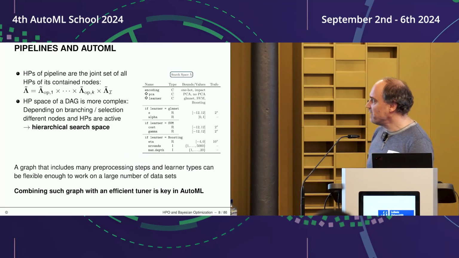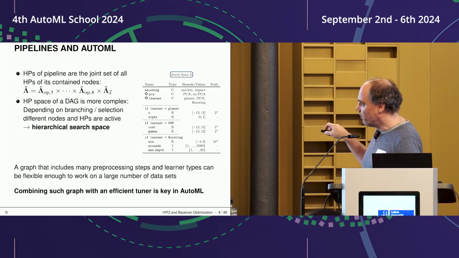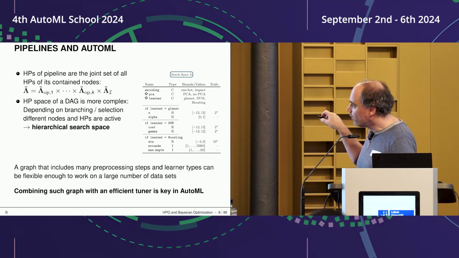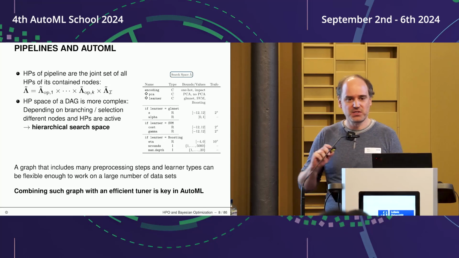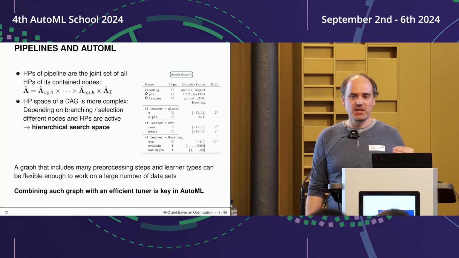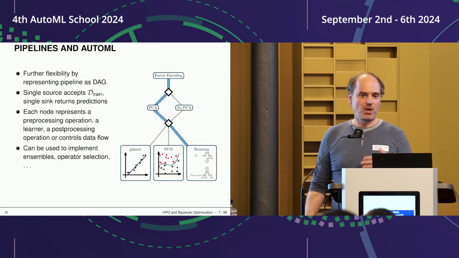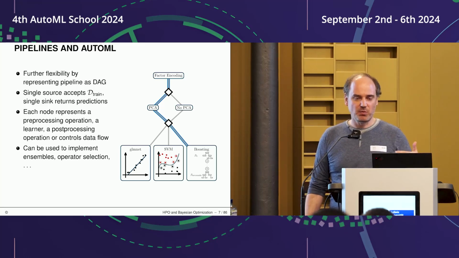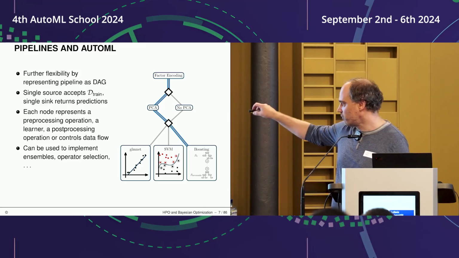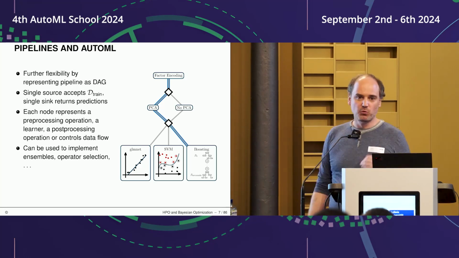And what usually happens if you write this down as a search space is that you get more of these dependent hyperparameters. If I choose this machine learning model, for example CatBoost, then only in that case are the CatBoost hyperparameters active. If I had chosen a support vector machine or something else, the settings for this thing here wouldn't make sense.